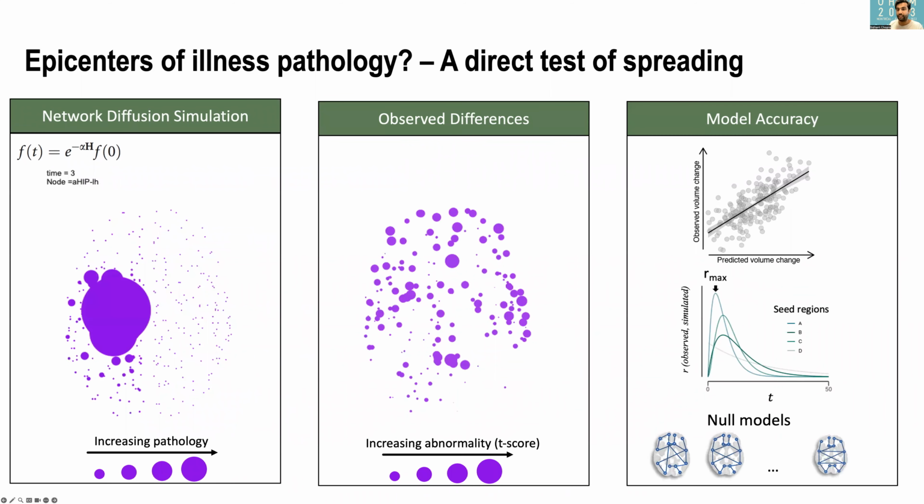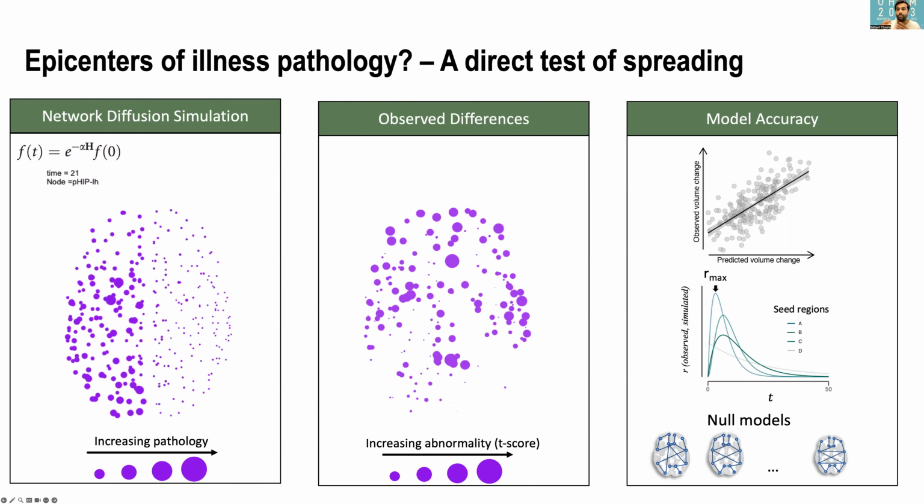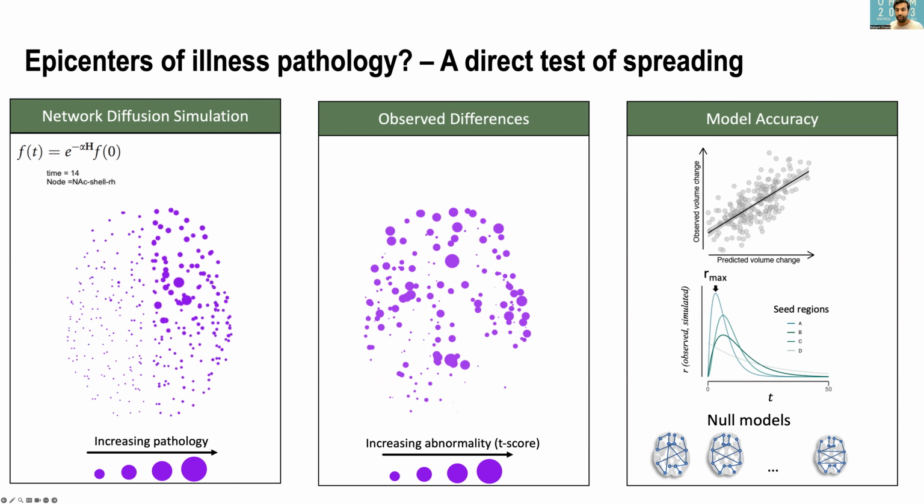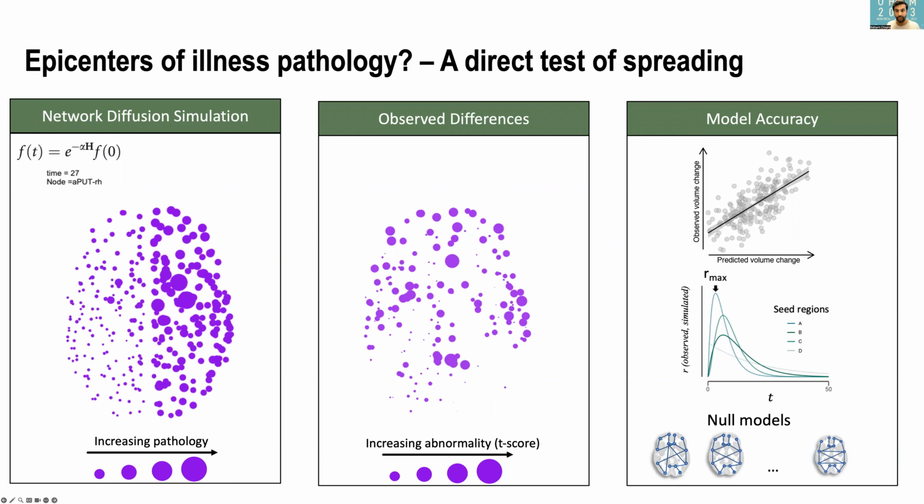And for each seed at each simulated time point, we see what correlates best with our observed abnormality or t-statistic map from each sample, which we're using in the previous analyses as well. And we evaluate the strength of correlation between the simulated and observed, retaining only the maximum correlation over the simulated time for each seed, or Rmax.